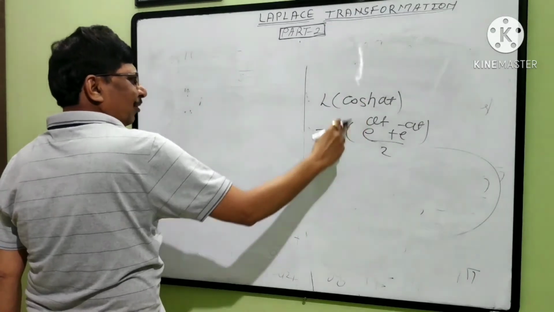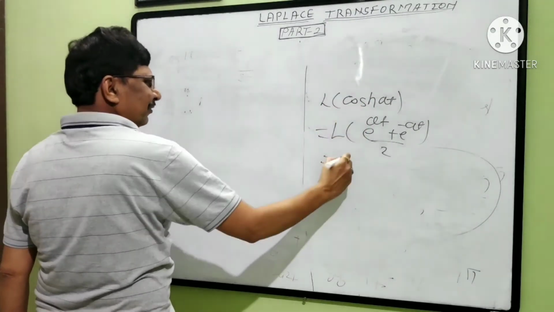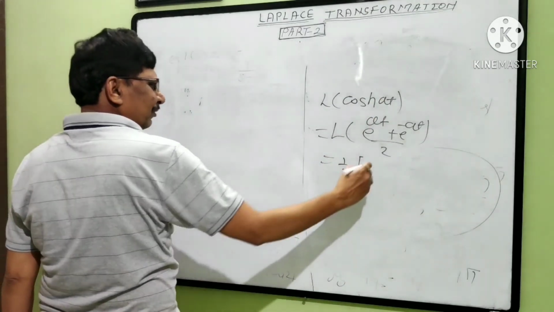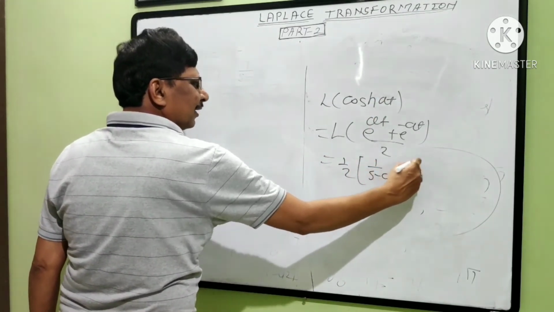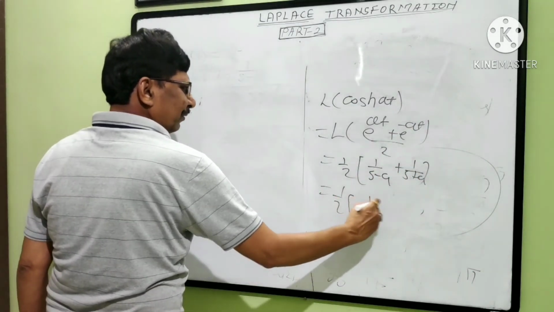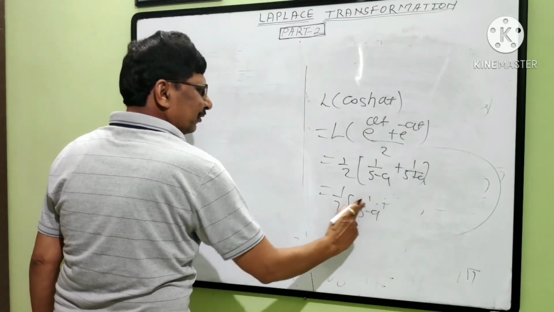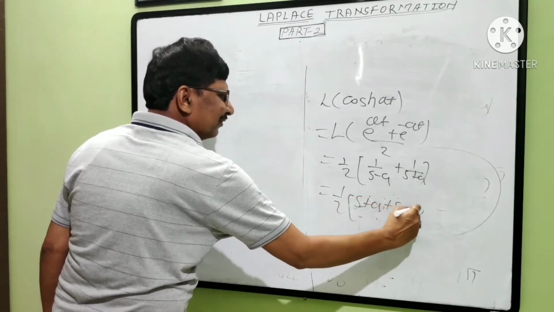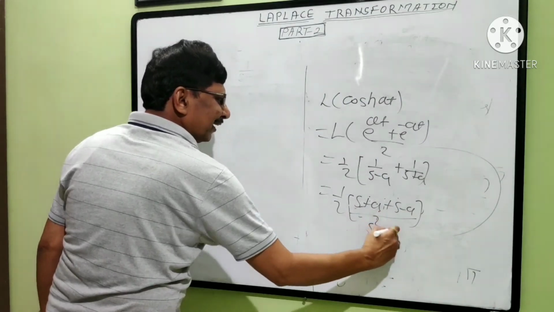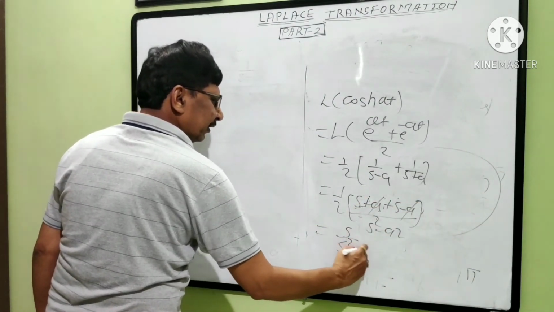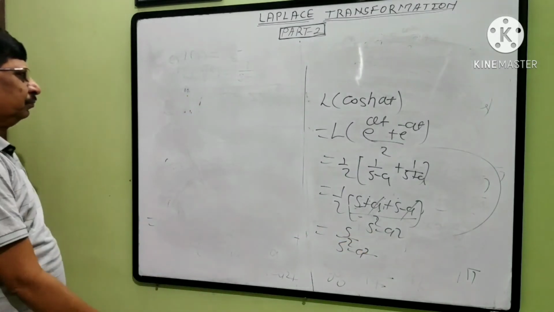We have found e raised to at means 1 upon s minus a, plus 1 upon s plus a, and therefore cross multiplication gives s plus a plus s minus a upon s square minus a square, that is s upon s square minus a square.